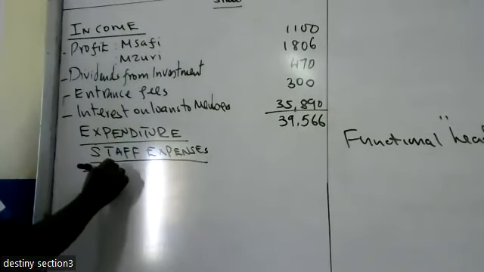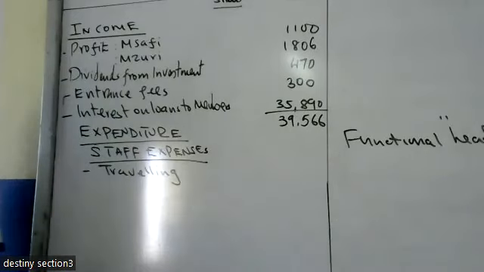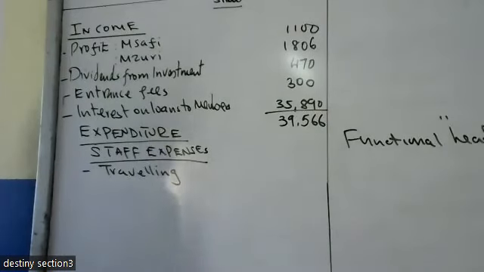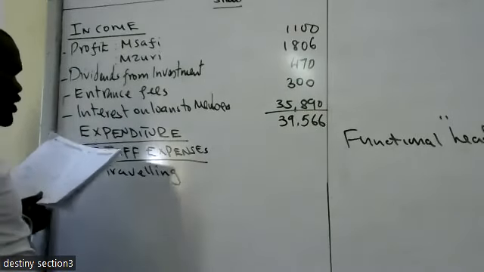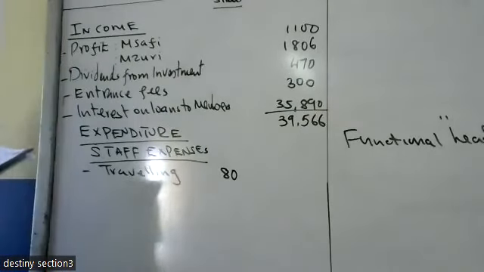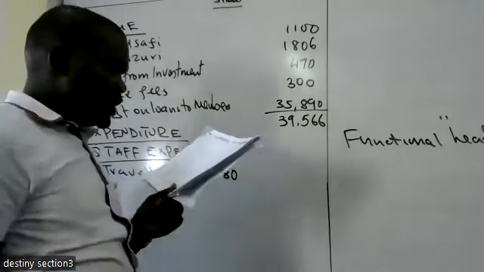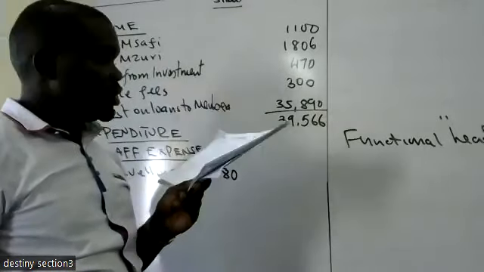So there is traveling. Traveling for staff, 80. Sure. From there, we have to run down. We check if there is any expense for the staff.